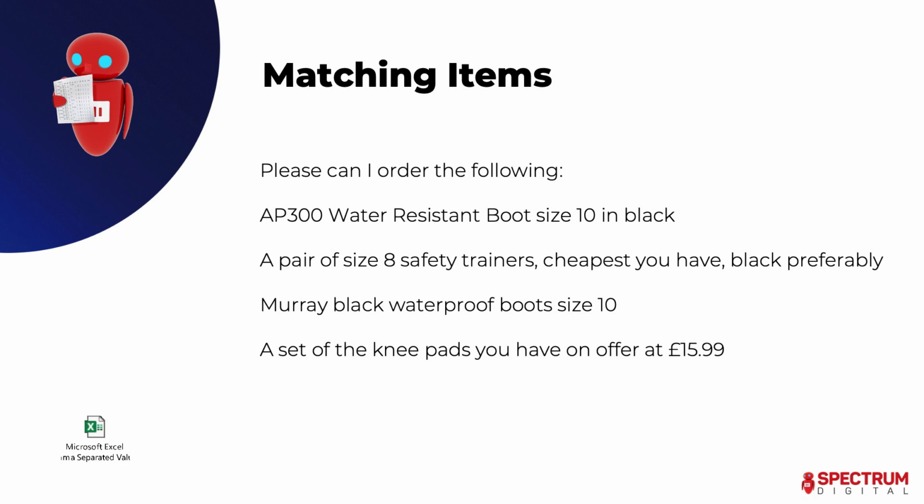Likewise, on the safety trainers, it says in that particular case the cheapest that you have. You've then got a specific brand of waterproof boot in the third option, and some knee pads that we have on offer, and that's important to get the offer pricing. So four lines of natural language in that order need matching back to the product catalogue so that we know specifically what items the customer's trying to order.